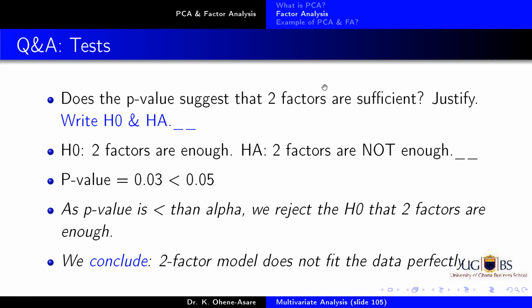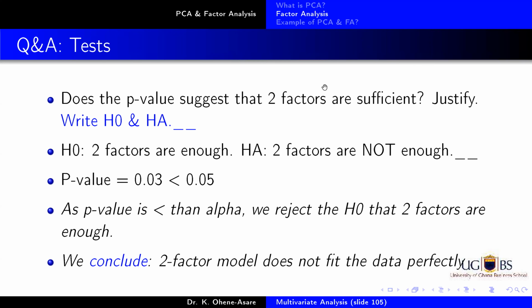So if you look at these statements, which of them will have some level of equality in it, and which will have inequality? Two factors are enough: the word "are" is an equality. The word "not" is an inequality. And the null hypothesis is always formulated in an equality fashion.